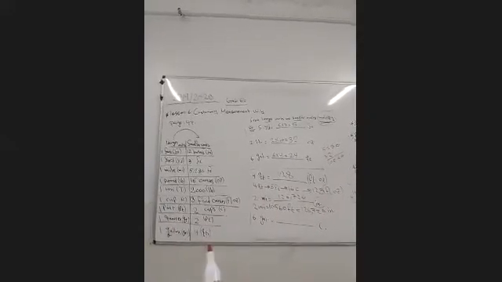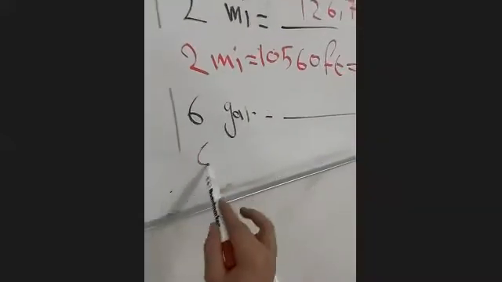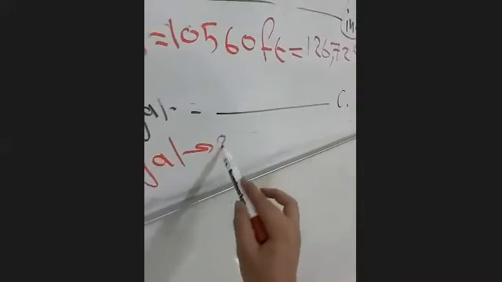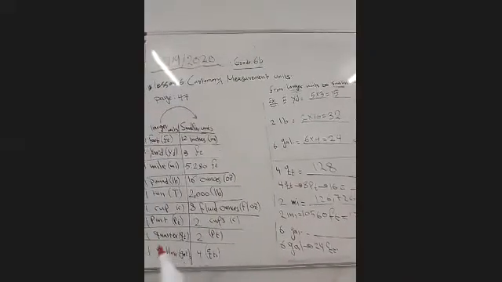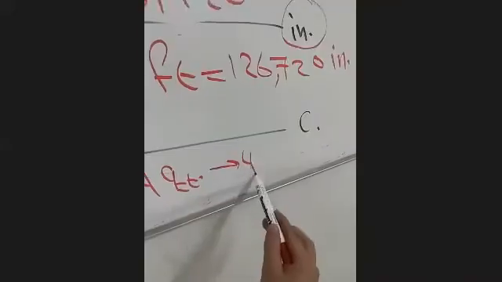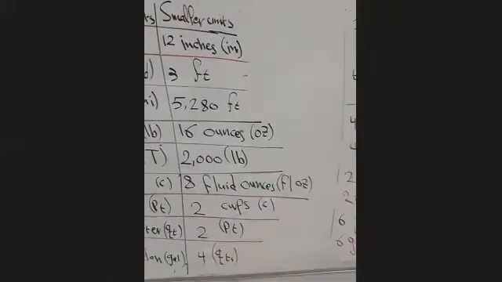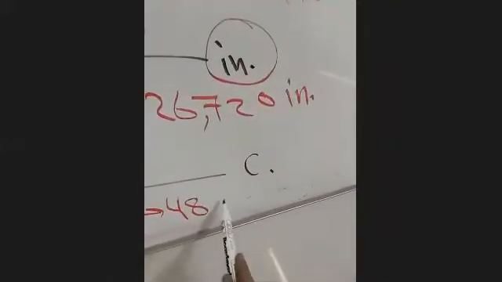First, from gallon to quarts. 6 gallons, how many in quarts? 24. So 6 gallons equal 24 quarts. Now I want to turn it from quarts to pints. What I will do? You multiply the quarts by 2. 24 multiplied by 2 is 48. This is equal to 48 what? 48 pints.